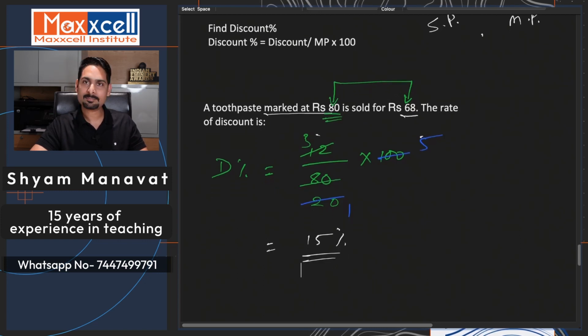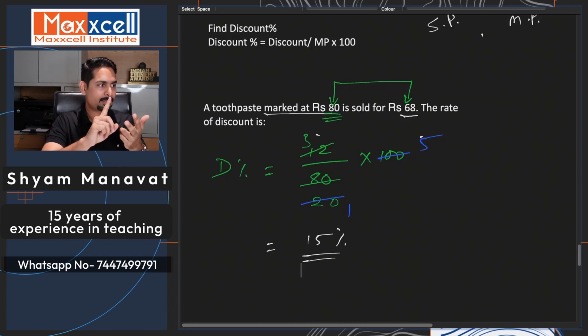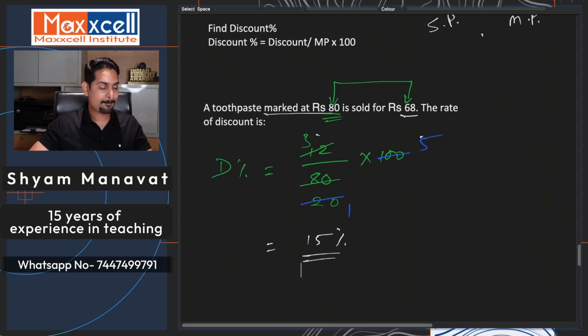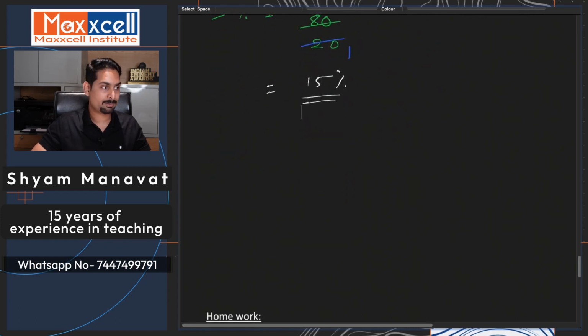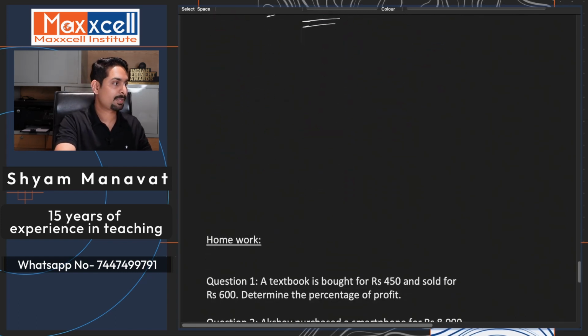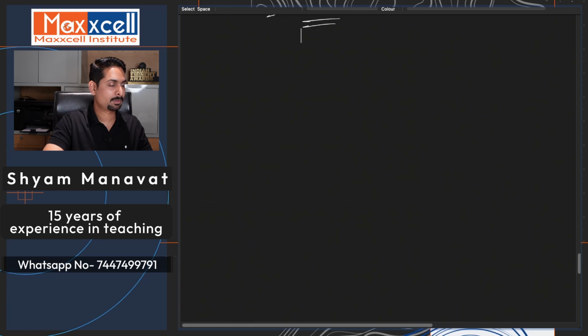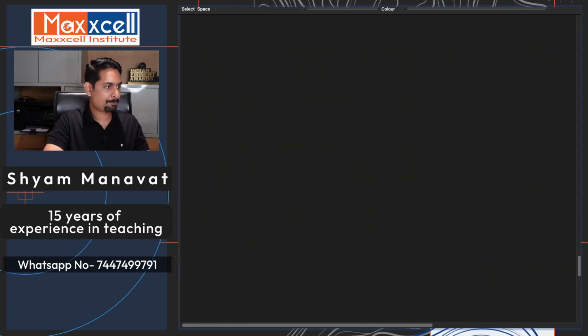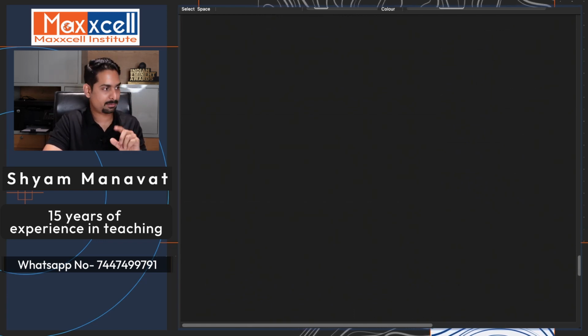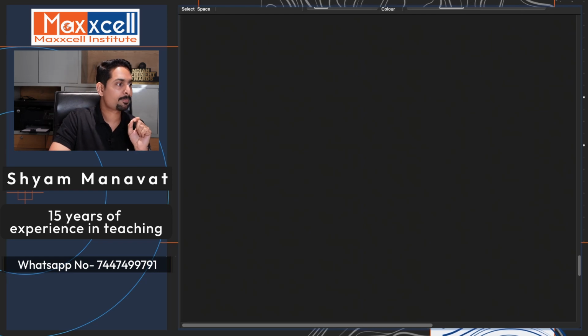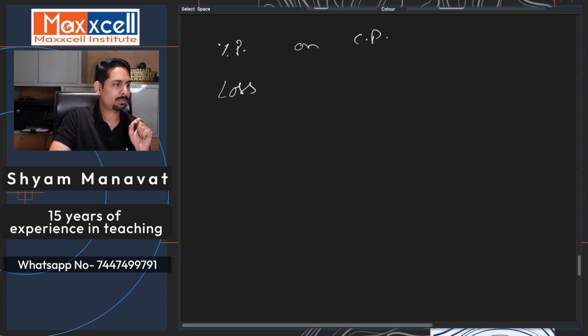So profit percentage is clear, discount percentage is clear, and loss percentage is clear. Now you have to repeat with me, and try to keep this in your subconscious mind. Profit percent we calculate on cost price. Loss percent we calculate on cost price.